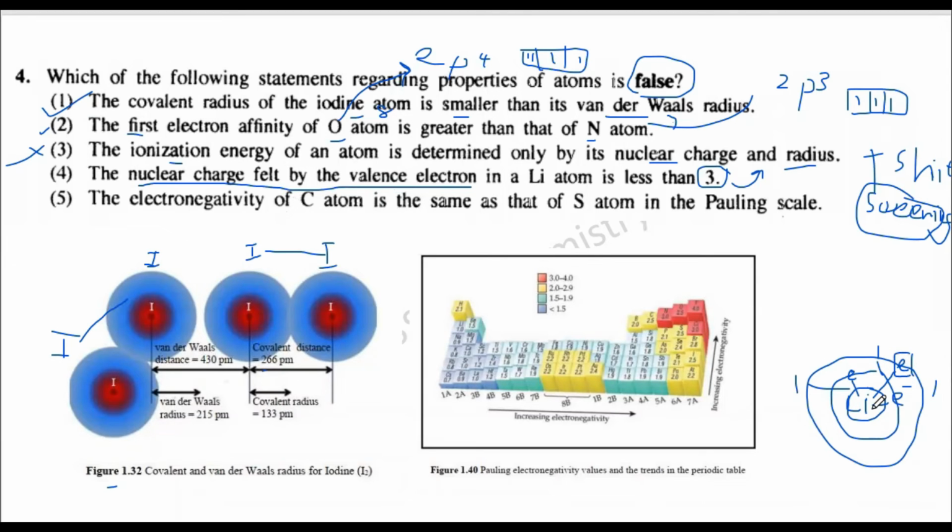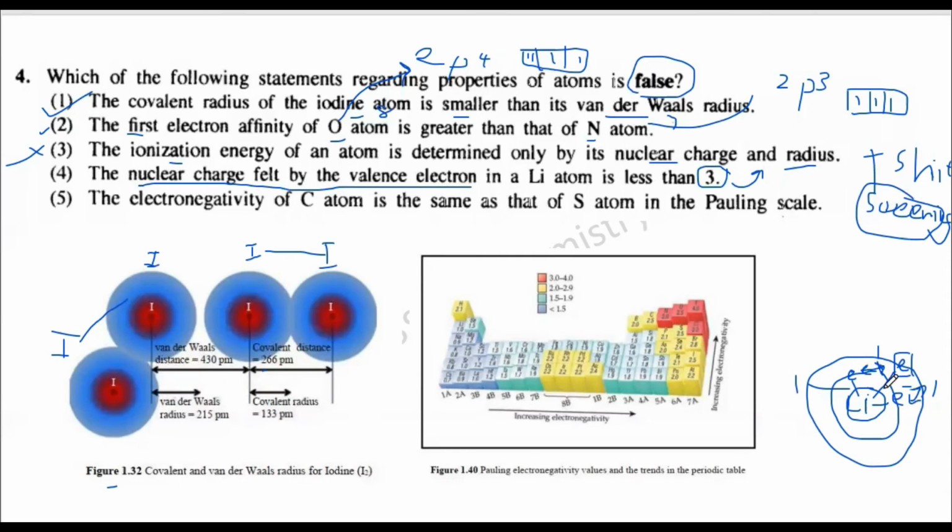But when you consider the nuclear charge, they are asking about the valence electron in the lithium atom being less than 3. First, we consider the overall, which has these effective nuclear charges acting on these electrons. Basically there are 3 electrons, so it should generally be 3. But don't forget this factor, screening. Although this outermost electron has some effective nuclear charge towards the lithium nucleus, there are these 2 electrons that are going to repel this outermost electron.